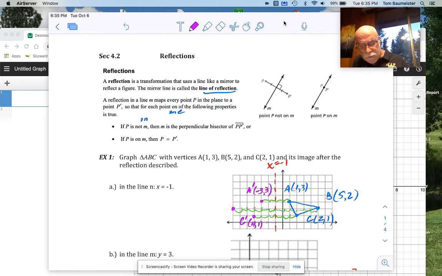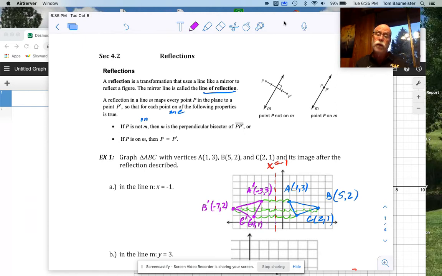And again, remember, I'm sorry, this one here was negative 4, and same here, I'm going to count over, so I'm going to go 1, 2, 3, 4, 5, 6, negative 7, and up 2. So my B prime is at negative 7 and positive 2, and again, connect the dots.